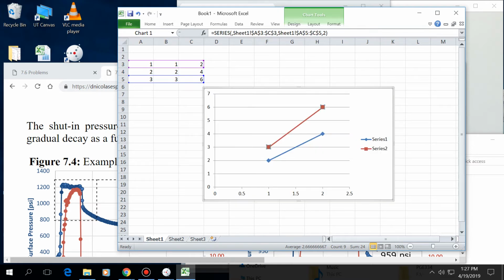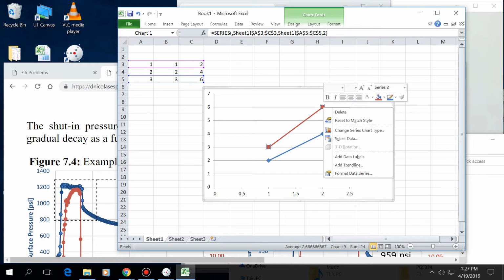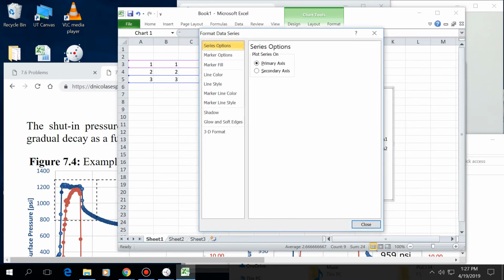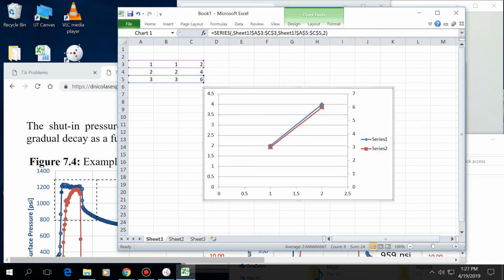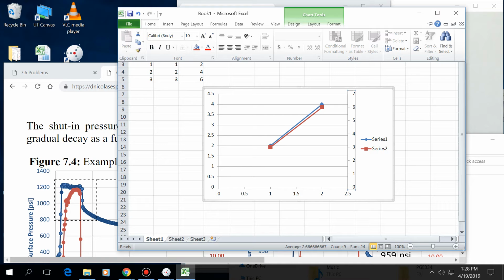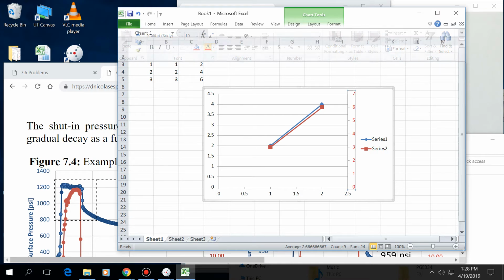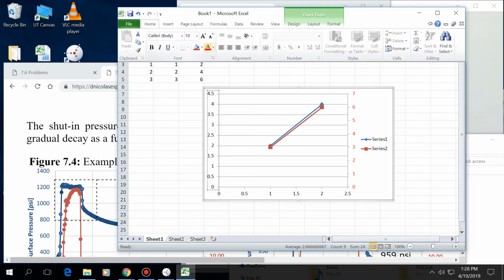If I get this one, I click the right one, and then you go to format data series, right? And then secondary axis. There you go. And then what I was telling you is that in order to make this easier to read, I like to change the color of that so it matches the color of the line.